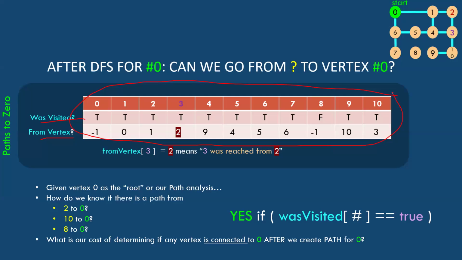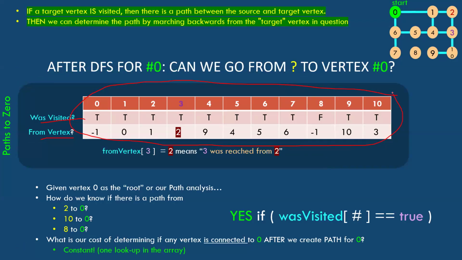So we pay an initial cost, which is our depth first search cost. And then we have the analysis for all paths back to 0, if that's what we did for an analysis. It's not all paths back to everything. It's all paths back to 0, which is our single source vertex. Okay. So a little bit of extra memory, but once we do the analysis, we can answer lots and lots and lots of questions.